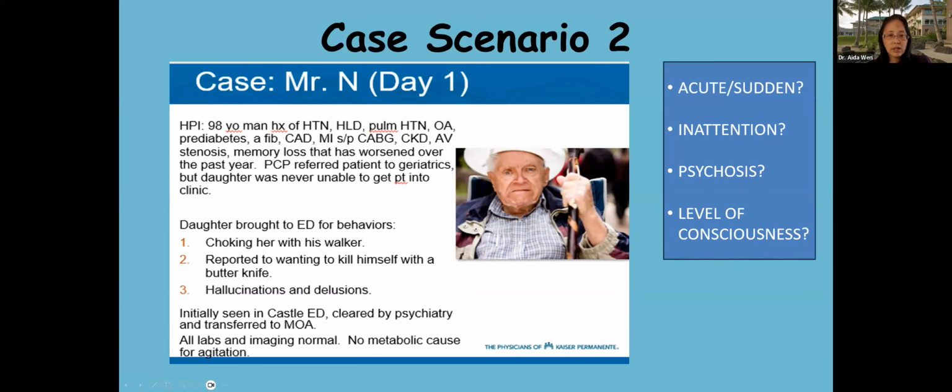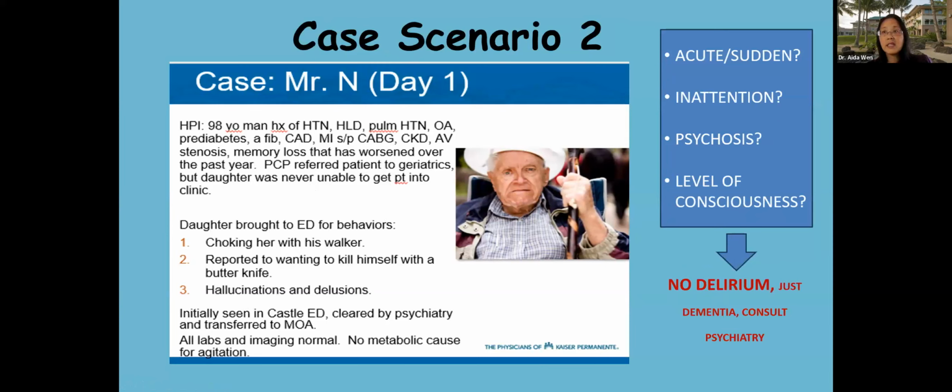So I think we can safely say that this guy does not have delirium. He just has dementia. Very problematic, it sounds like, as well. And they really need to consult psychiatry and work on some behavior modifications and maybe adjust some medicine. But this guy does not have delirium.